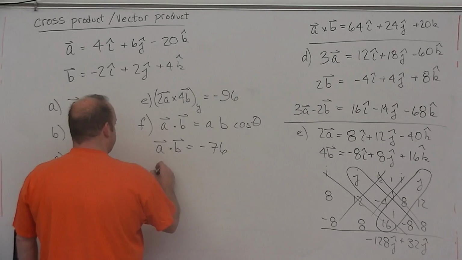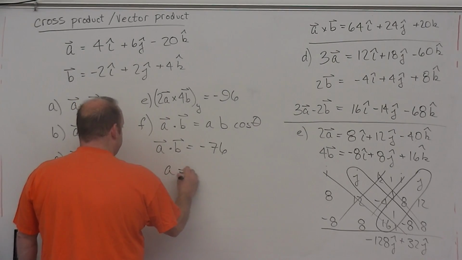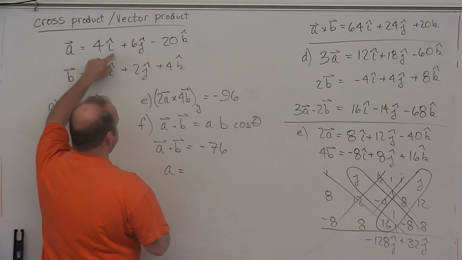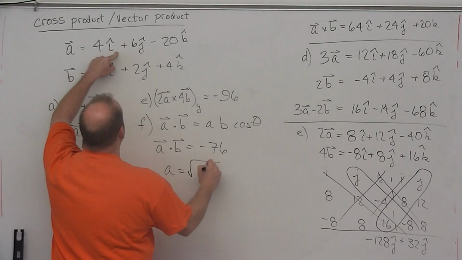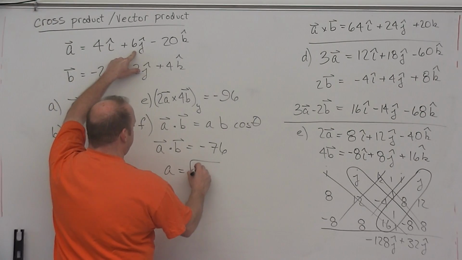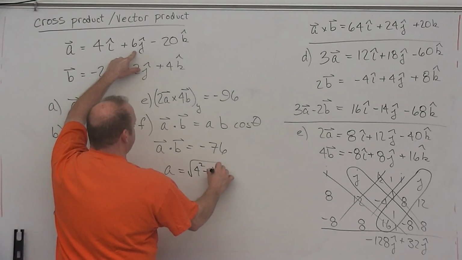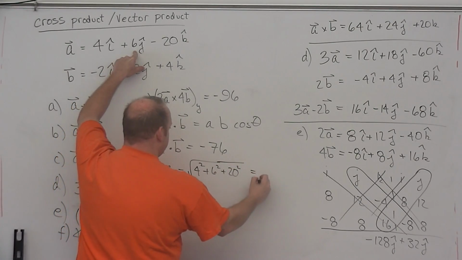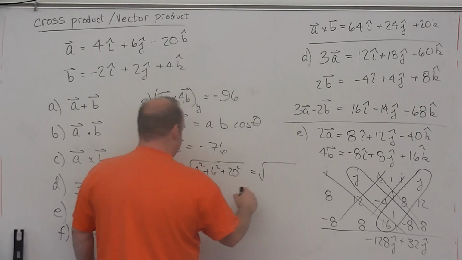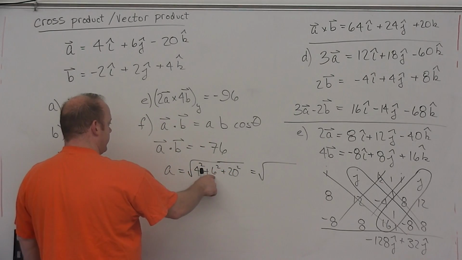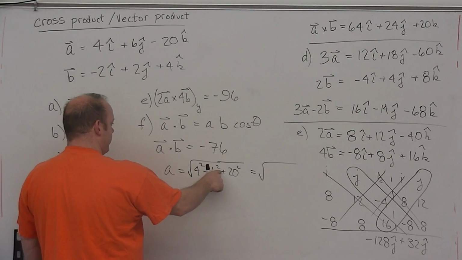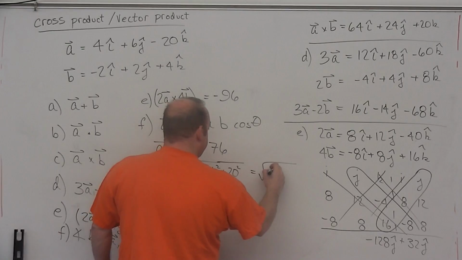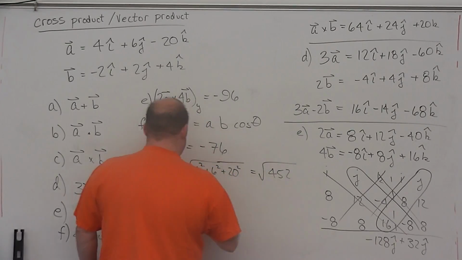So now, magnitude of A is the square root of 4 squared plus 6 squared plus 20 squared. So this is the square root of 16, 36, 400, which is 452.